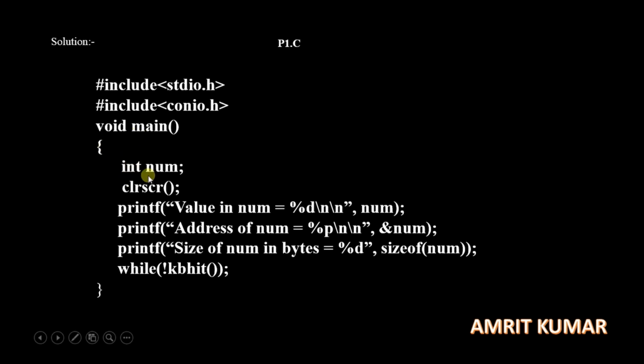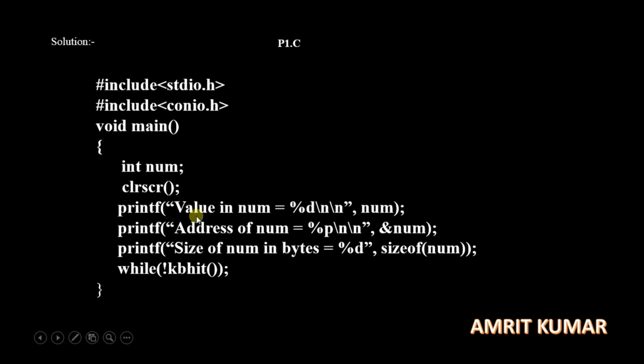Now after this we have declared the variable num, so it is going to be allocated in memory of integer type and its size will be 2 byte. Now we have used the clrscr function whose work is to clear the screen. It clears whatever is written on the screen. Now when we proceed to the printf function, its work is to print whatever is written in the double quotes on the screen of the C language.